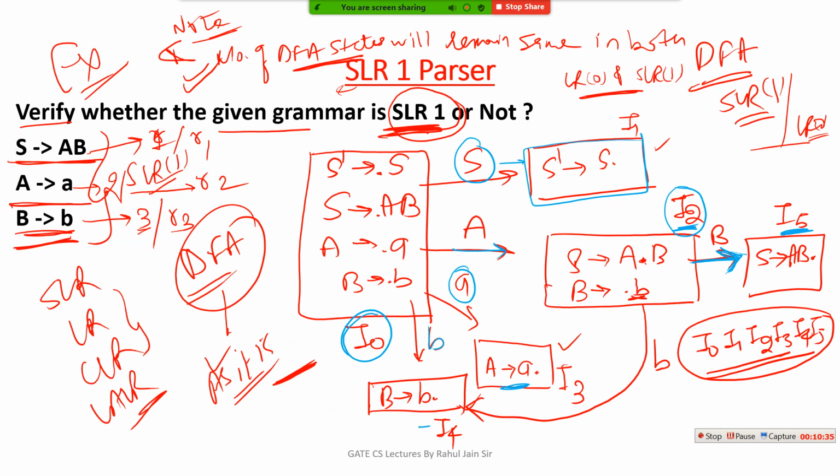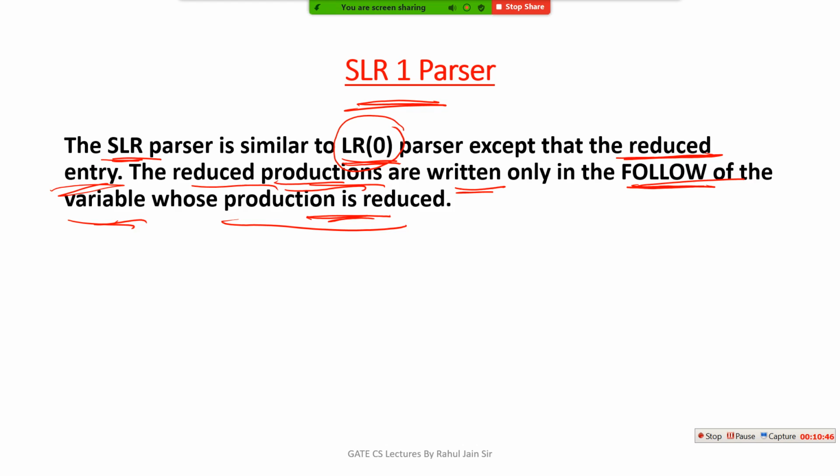And I2 on terminal small b is shifting to I4, which means S4 on small b.